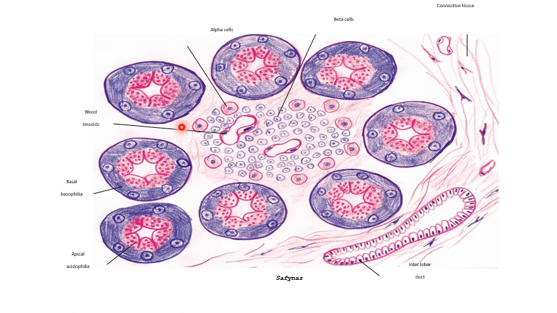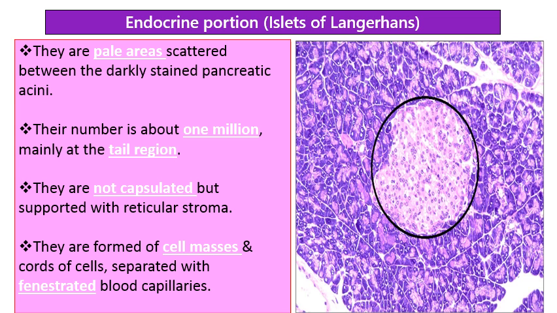Here we have a pale stained area in the center of the dark stained acini. This area is called islets of Langerhans, formed of different cells and separated by fenestrated blood capillaries. The endocrine portion of the pancreas, or islets of Langerhans, are pale areas scattered between the darkly stained pancreatic acini. They are about 1 million, mainly at the tail region of the pancreas.